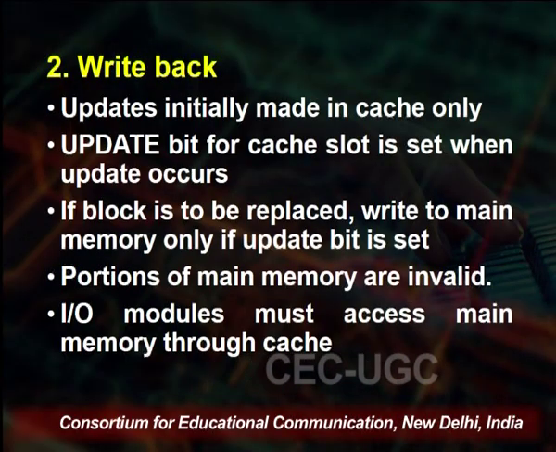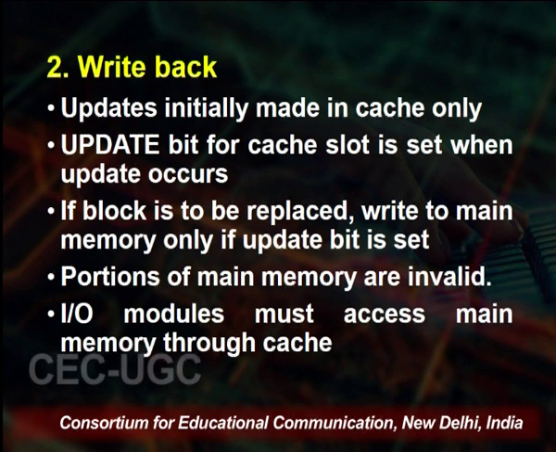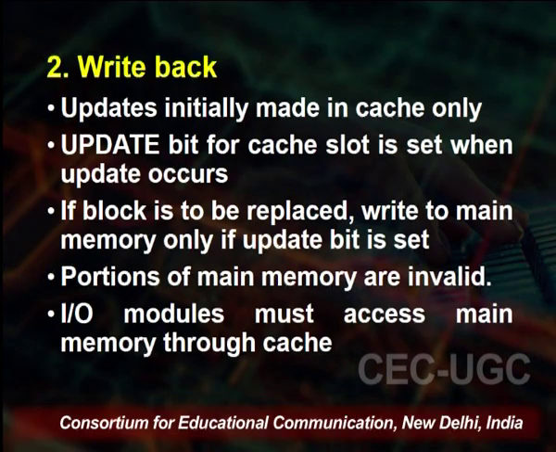The other one is write back. This depends only on when there is an update. So, we attach an update bit to the cache slot, which is set when the update occurs. So, only when there is an update happening in the cache, the main memory is updated. Automatically, it gets updated only when there is a change, so there is not going to be too much traffic there.